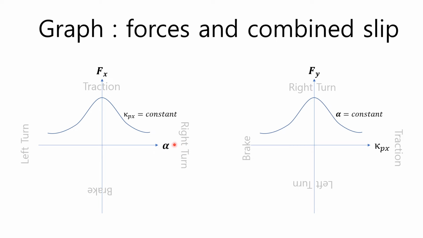In addition, the tendency of the constant lateral slip angle alpha is examined on the graph when the vertical axis is the lateral force Fy and the horizontal axis is the longitudinal slip kappa px.